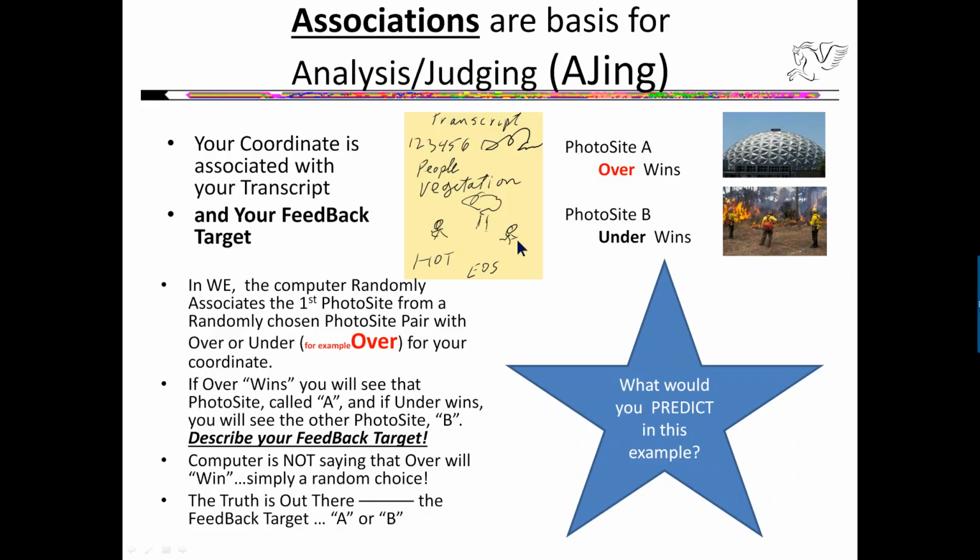But if you get both of them correct, then how are you able to tell? Because remember, this coordinate was associated with under, the other coordinate is associated with over. So that was right if over wins. This is if under wins.